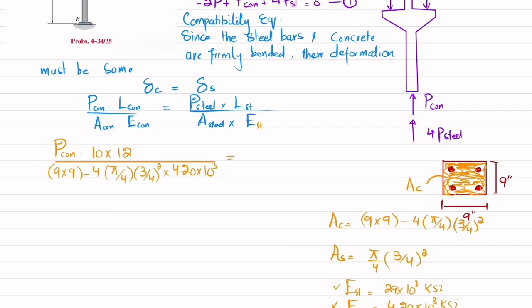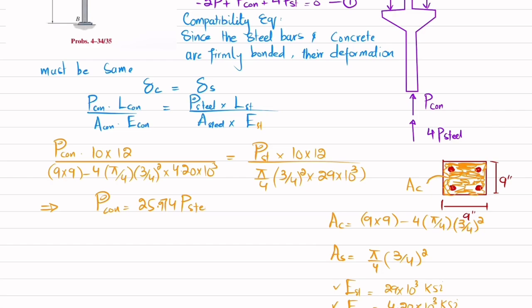This is equal to P of steel into length of steel, 10 into 12, divided by area of steel, pi by 4 into (3 by 4) squared, into E of steel, 29 into 10 raised to power 3 ksi. When you solve this, you will get P of concrete equal to 25.74974 P of steel. This is equation number 2.